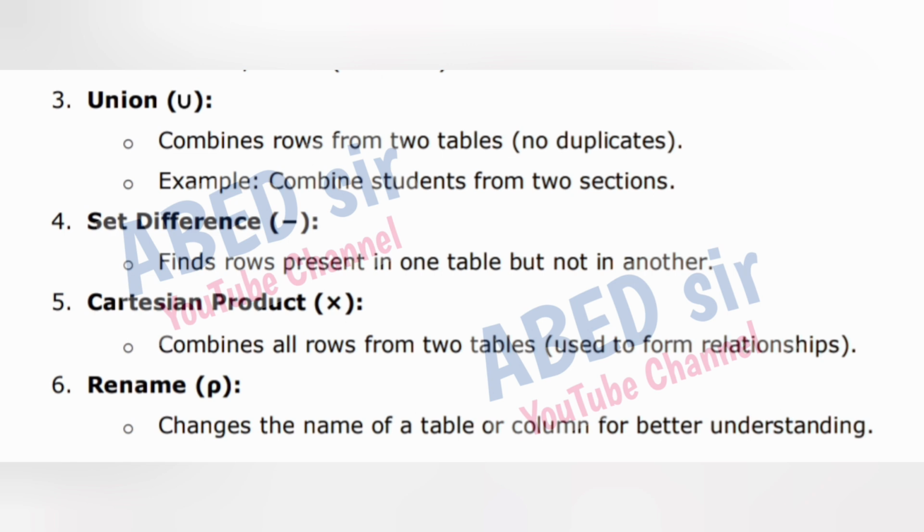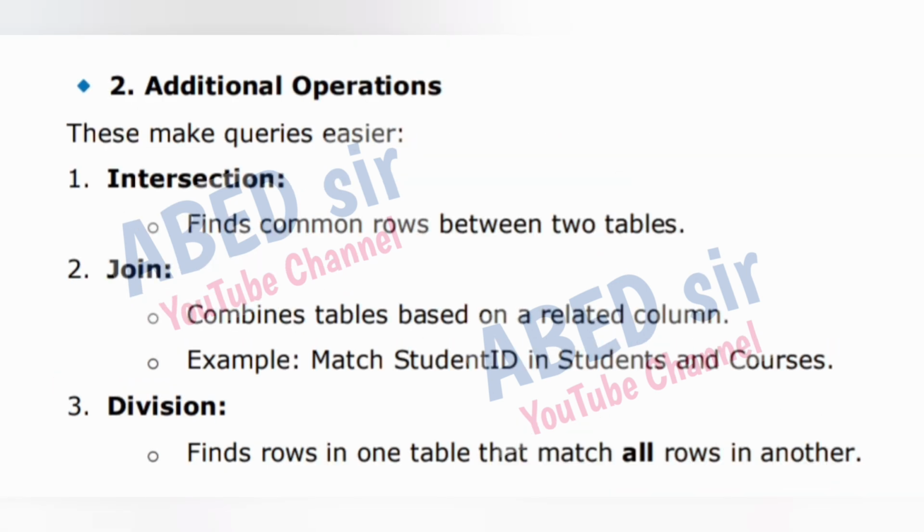4. Set difference. Finds rows present in one table but not in another. 5. Cartesian product, times. Combines all rows from two tables, used to form relationships. 6. Rename, rho. Changes the name of a table or column for better understanding. 2. Additional operations.